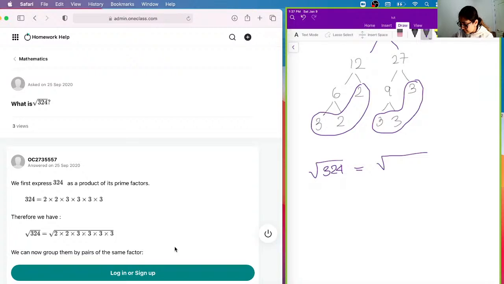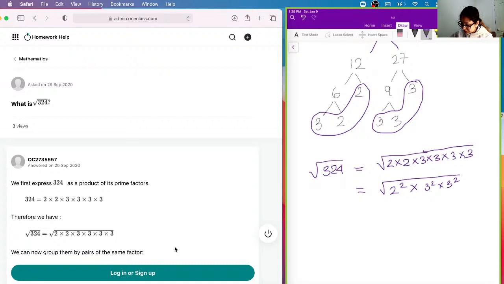In this case, we have 4 3's and 2 2's under a square root. What we're going to do is group them together. We're going to group the 2's together, and it would be 2 squared times, and we're going to group the 3's into 2 groups. So you have 3 squared times 3 squared.